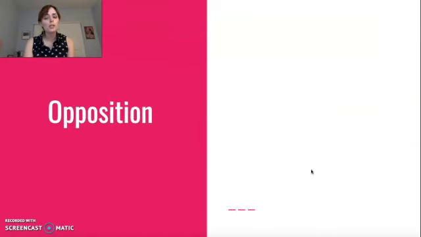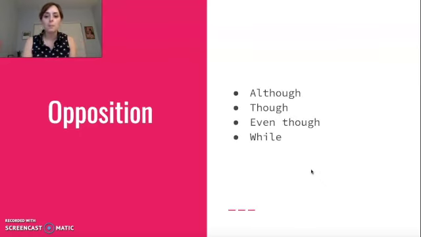Okay, so let's look at opposition first. So the word opposition, as you probably already know, it means opposite, right? Okay, so for opposition, the subordinating conjunctions that we're going to learn today are although, though, even though, and while.